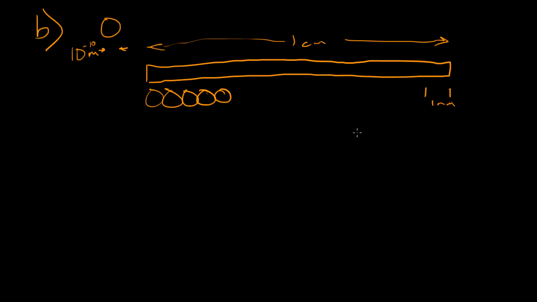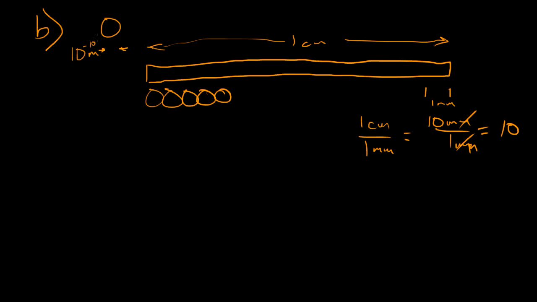So 1 centimeter divided by 1 millimeter is equal to 10 millimeters divided by 1 millimeter. This is another way to write a centimeter. And this is just equal to 10. The millimeters cancel, and there are 10 millimeters in a centimeter. That's what it's telling you.